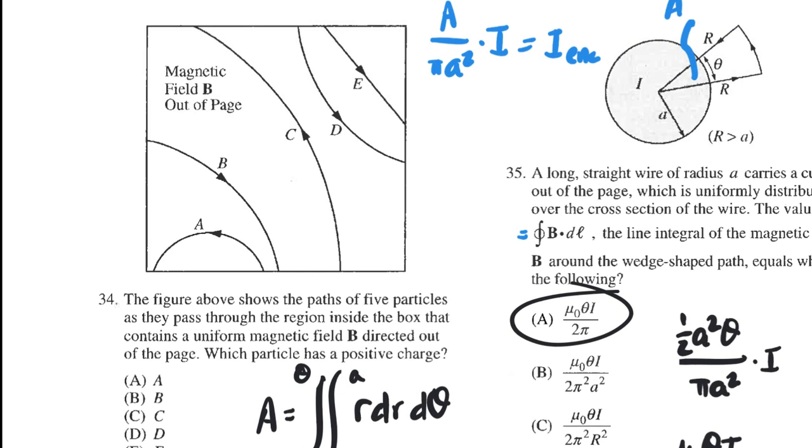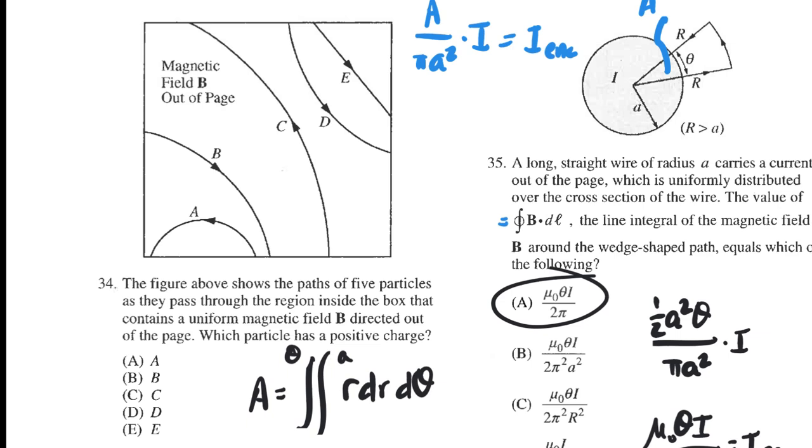Back to this page, eh? The figure above shows the path of 5 particles as they pass through the region inside the box that contains a uniform magnetic field. Which particle has a positive charge? Well, I think we can rule out E, and the magnetic field is out of the page, so the magnetic field is this way.